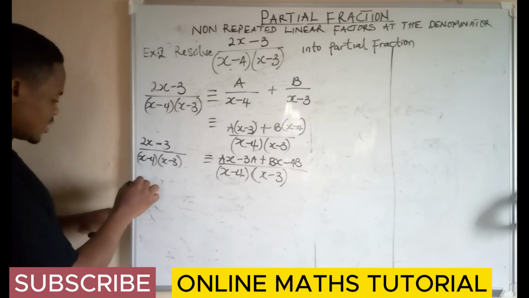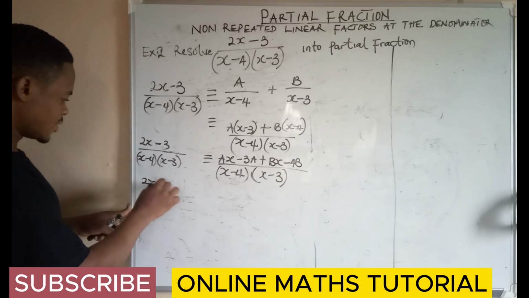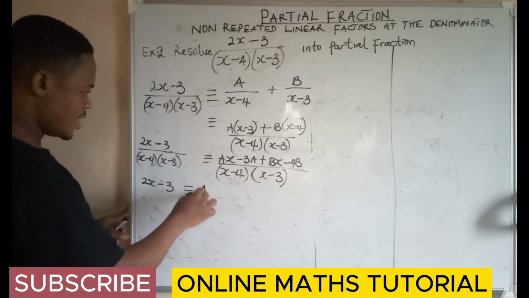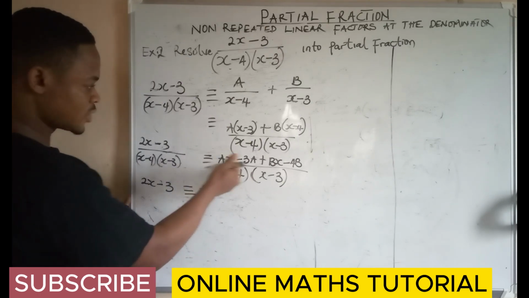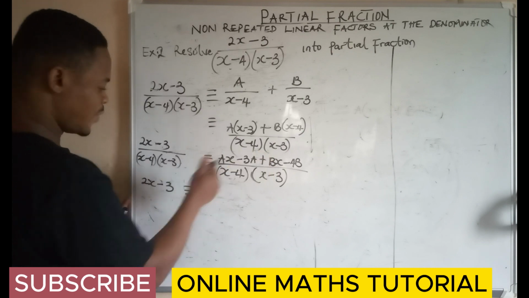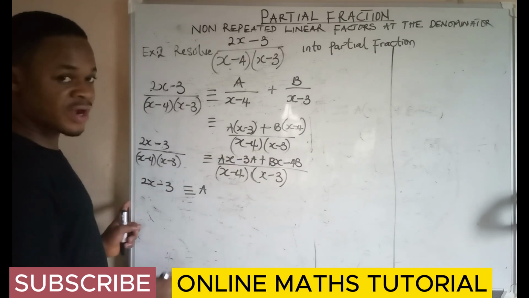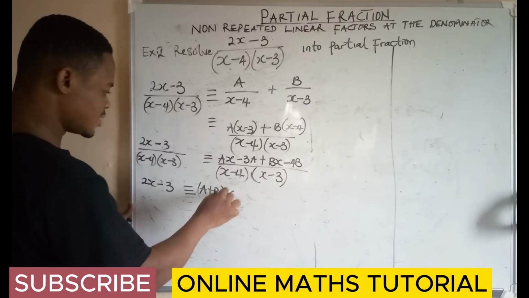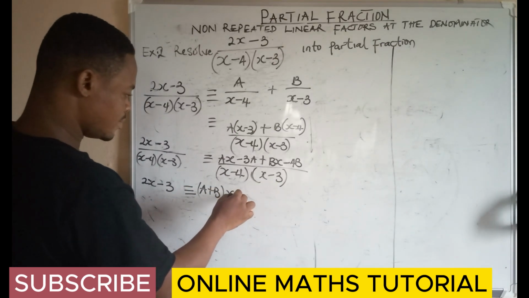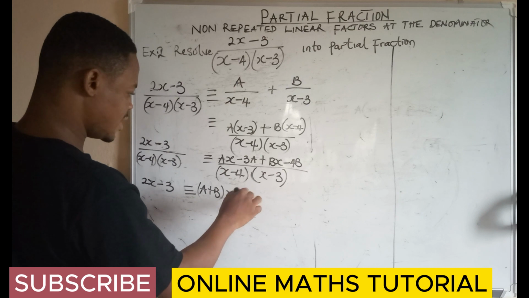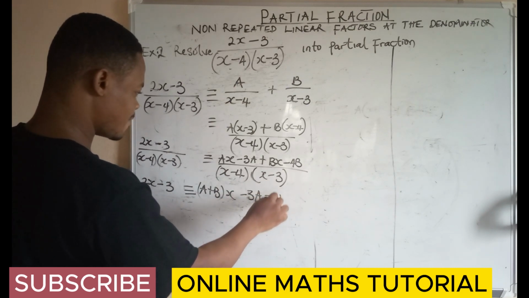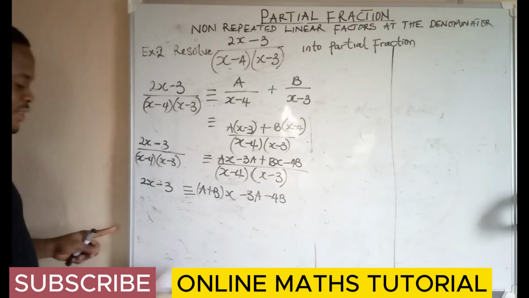So we can say that 2x minus 3 is equivalent to, let's collect like terms. The ones with the variable x, we have (A plus B) all into x, minus 3A minus 4B. These are the constants.